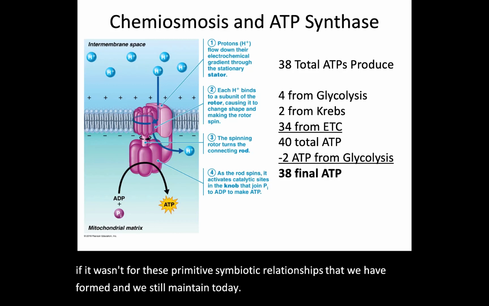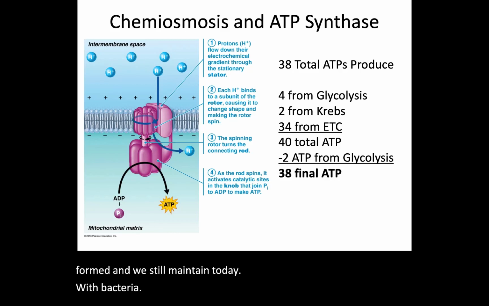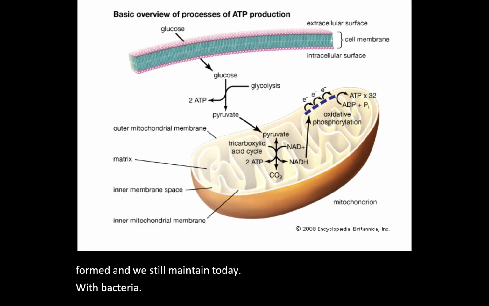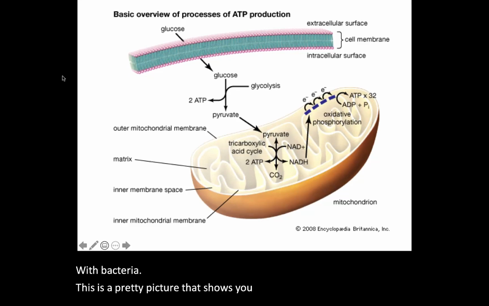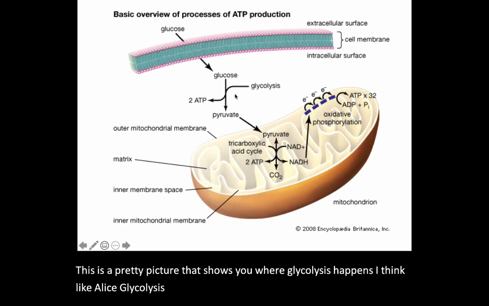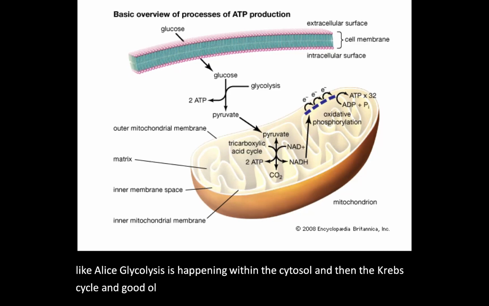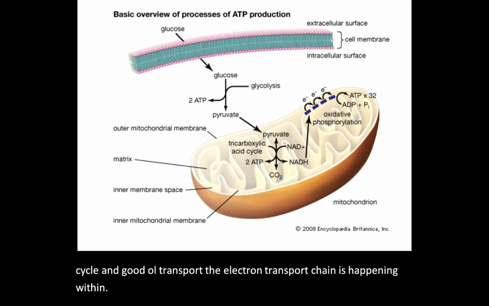This is a pretty picture that shows you where glycolysis happens. Right? Glycolysis is happening within the cytosol, right? And then the Krebs cycle and good old electron transport chain is happening within the mitochondria.